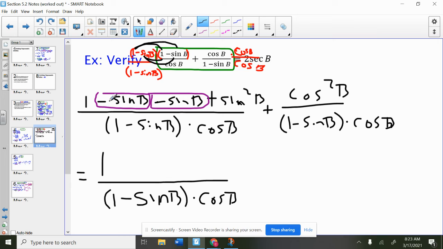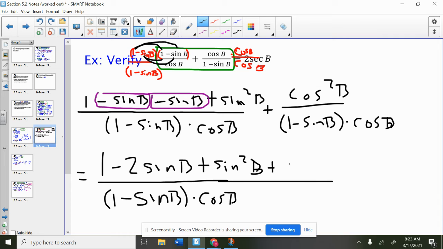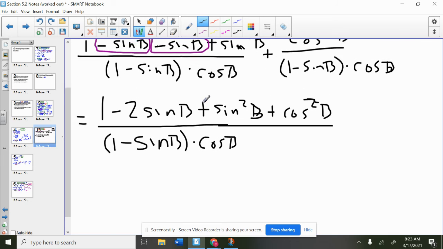Remember that this is really a -1 minus 1. That's -2 sine b. Then I have plus sine squared, and then over here, I've got plus cosine squared. So now I'm just adding. I added up this numerator plus this numerator, and I also combined some like terms at the time too.